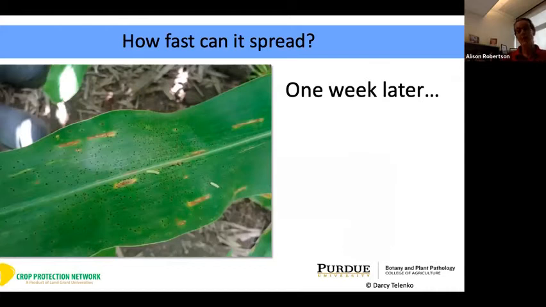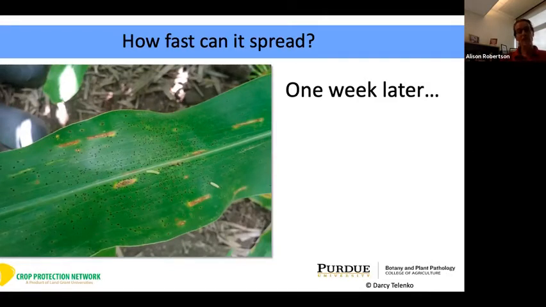So if you think you've found something that looks like tar spot, mark that edge or area of the field and go back to it a week later. If we've had conducive conditions, which we'll get to in a moment, you should see more spots, and that'll be another indication that you're looking at tar spot.